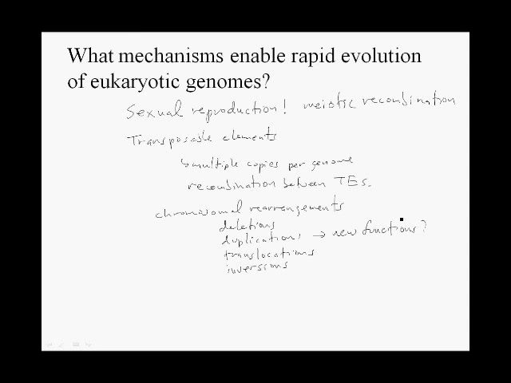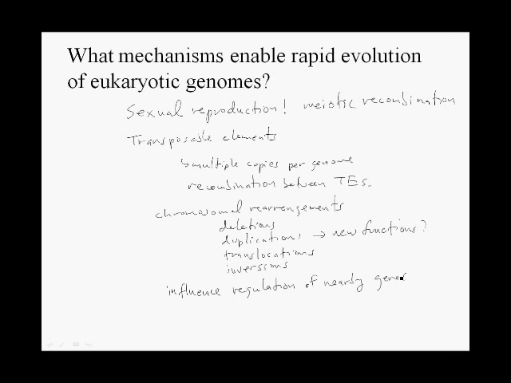And then transposable elements themselves are adding new DNA to the genome, and sometimes the genes within the transposable element can be co-opted by the host for a host cell function. And transposable elements also affect regulation of nearby genes.